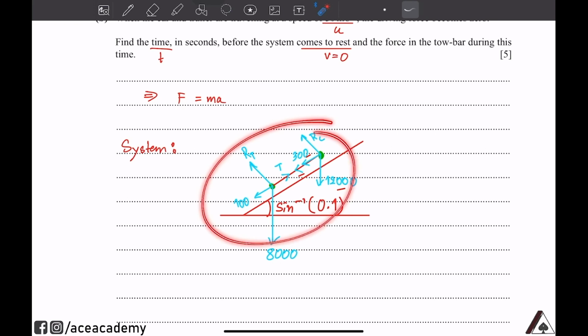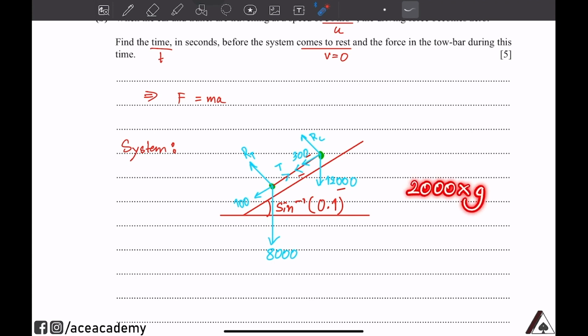And now if we treat the entire thing as one system, as one particle, then we would have its mass being 1200 plus 800, which is 2000. So 2000 times g. And we will have a combined resistive force of 400 newtons.